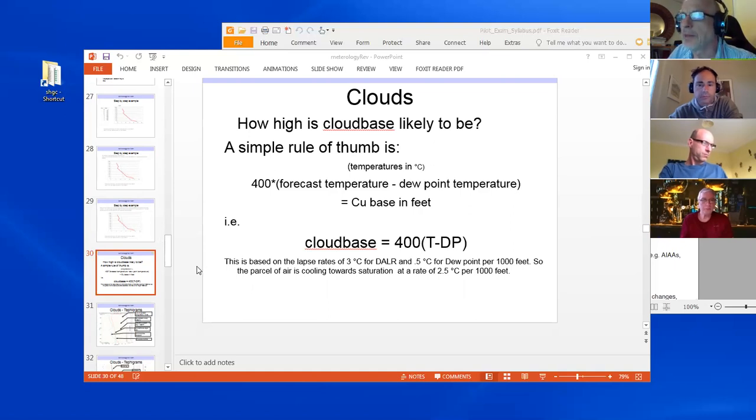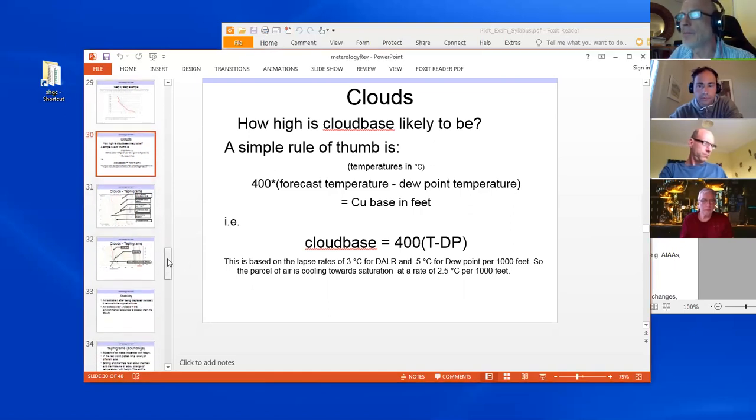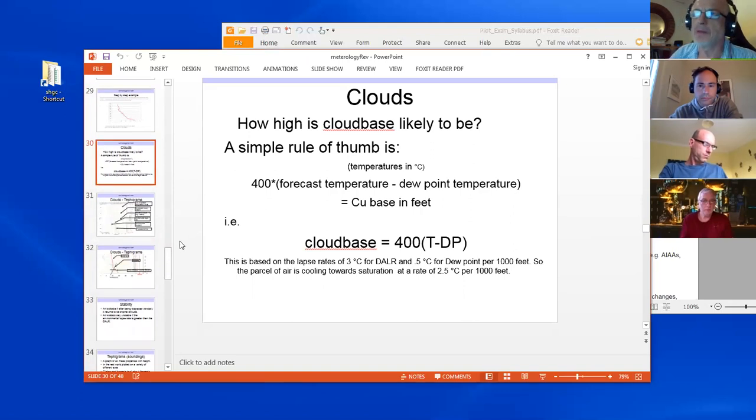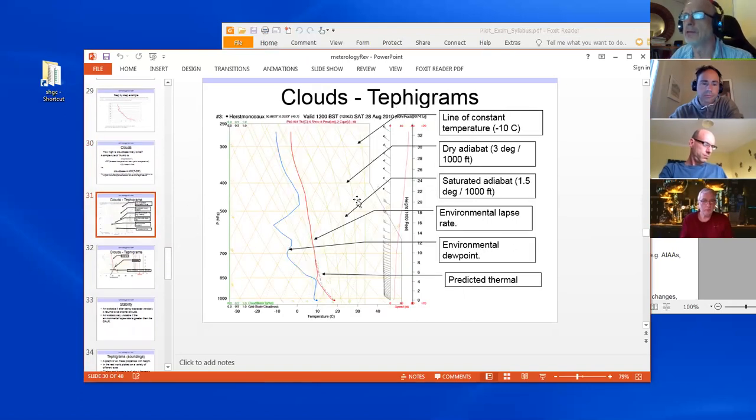So that's a recap of the last bit, and then the other section we have is this one, getting into tephigrams in more detail. You do not need to know them in this amount of detail for the exam. Let's be very blunt about that. You just have to have an understanding of what a tephigram is.